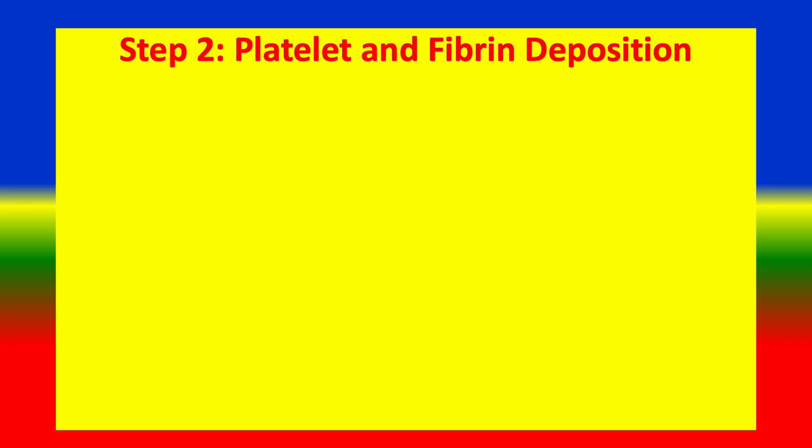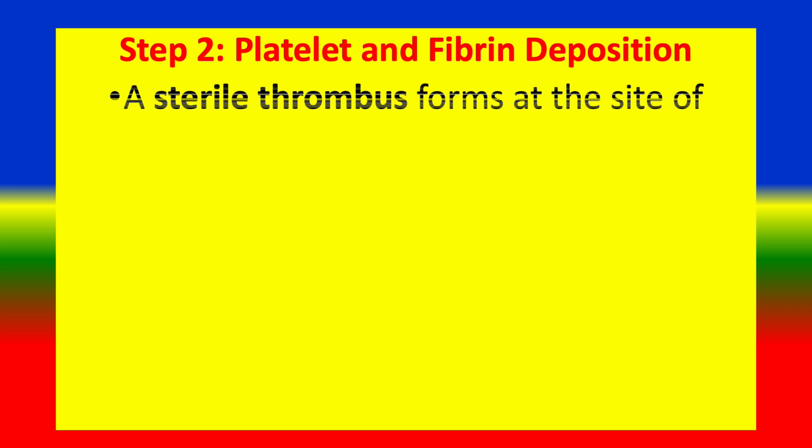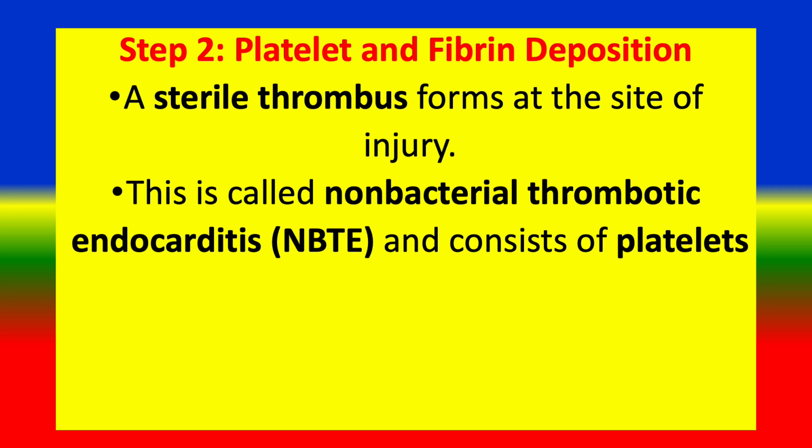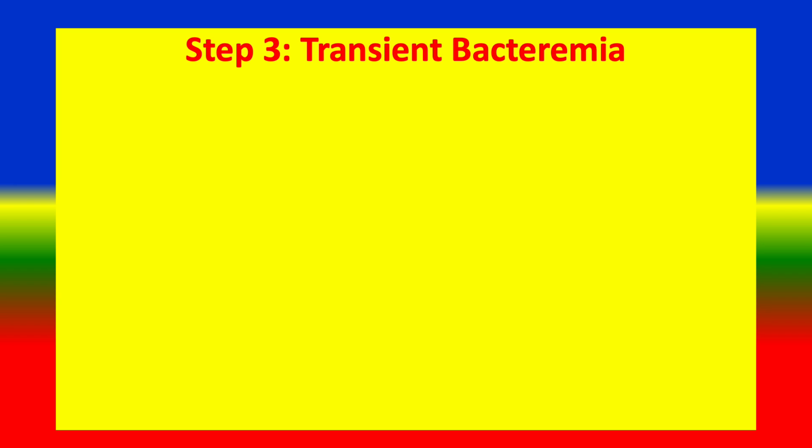Step 2, platelet and fibrin deposition. A sterile thrombus forms at the site of injury. This is called non-bacterial thrombotic endocarditis and consists of platelets and fibrin. Step 3, transient bacteremia.